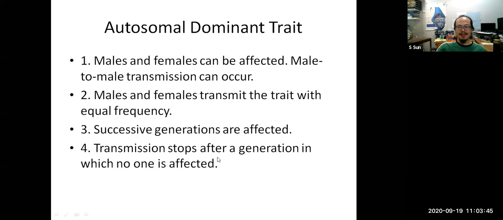If the dominant gene produces kids with no dominant trait, then these kids must carry only the recessive, and the dominant allele will not be continued.